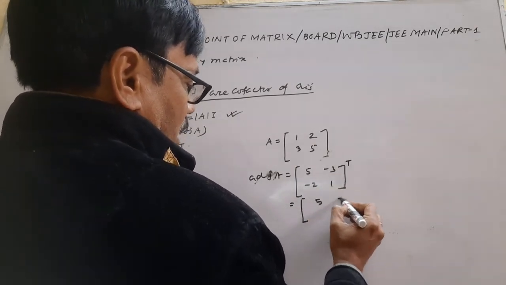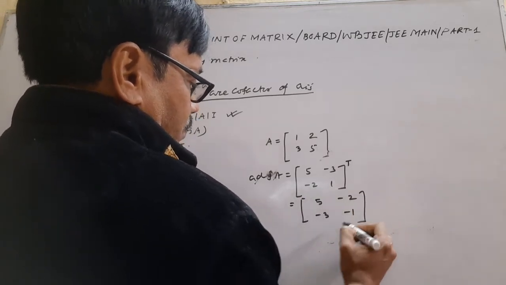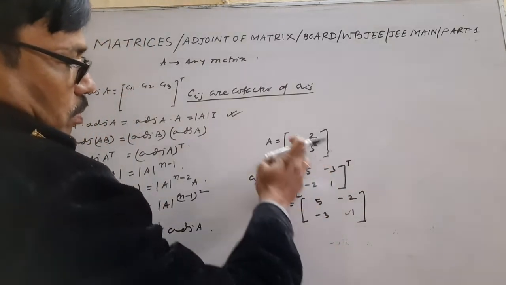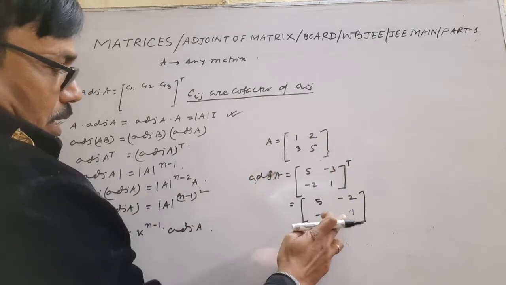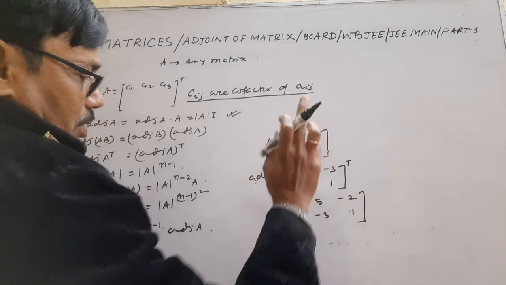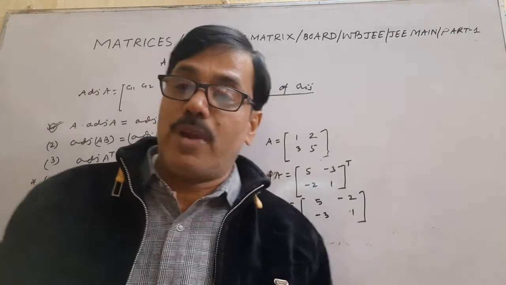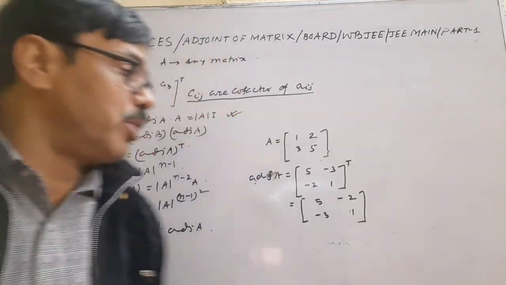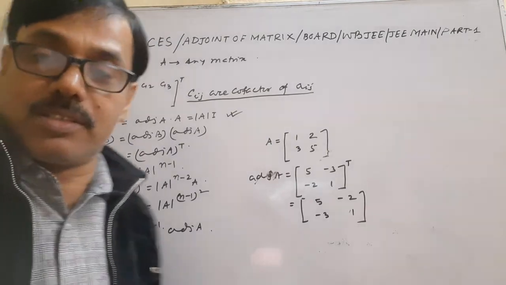Then 5, minus 2, minus 3, 1. So there is an interchange of the diagonal elements, and a change of sign of the other two elements. And if we multiply this, then A into adjoint of A equals adjoint of A into A. So matrix multiplication is commutative in this case.